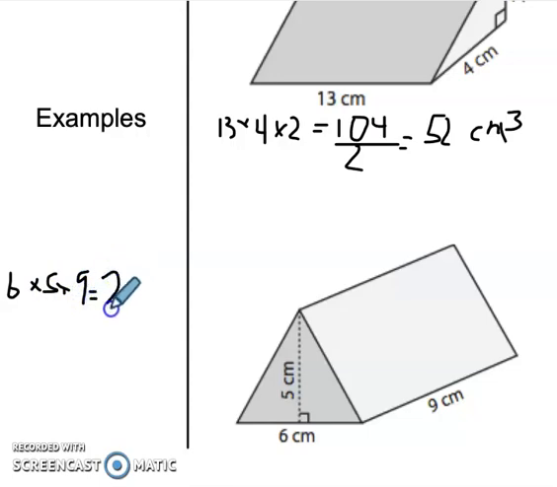Then because it's a triangular prism, I have to divide that by 2. 270 divided by 2 equals 135 centimeters cubed. All right, I'll give you a chance to practice a couple triangular prisms before we conclude our video.